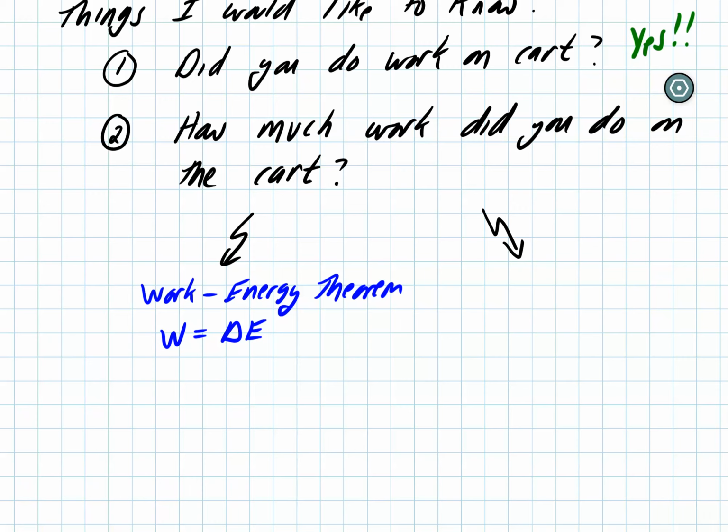And so in this case, you would clearly know that you did 300 joules of work. You don't need to know the force with which you pushed the cart. You don't need to know the distance through which you exerted that force. You know the amount of work you did because you know the amount of energy that was transferred.